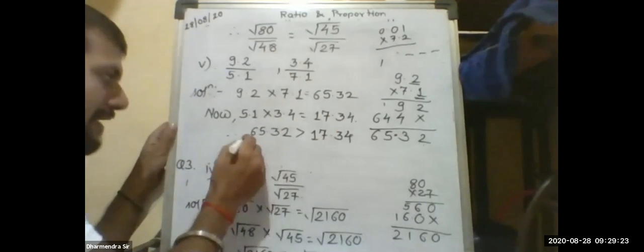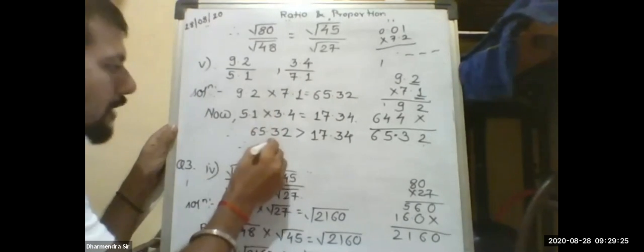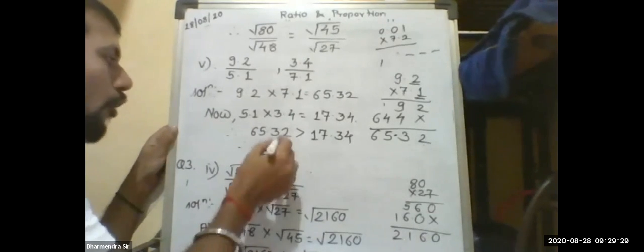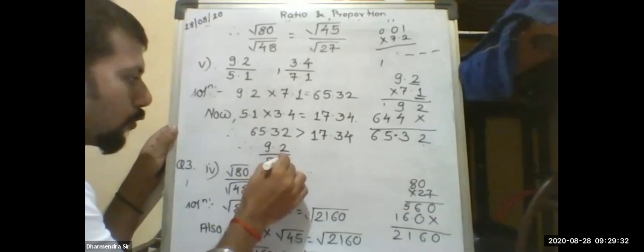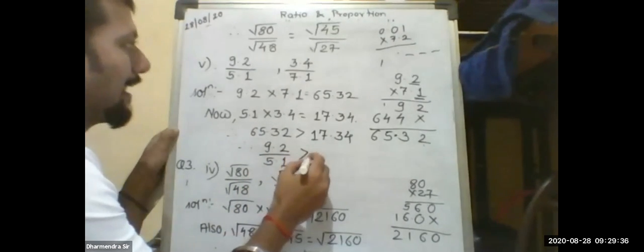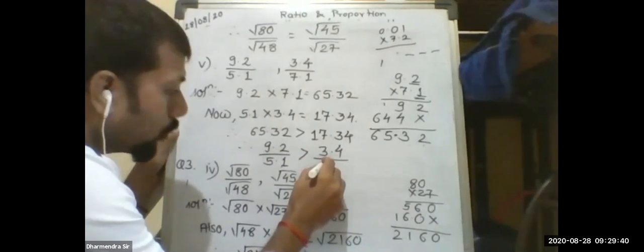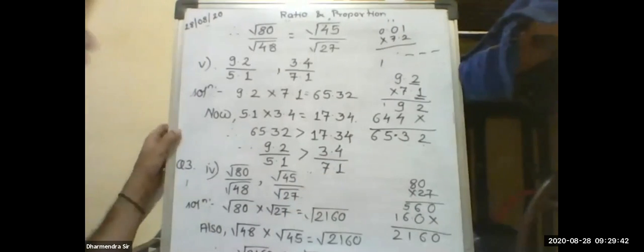So here we will be reading it as 65.32. So after comparison, we conclude that the ratio of 9.2 to 5.1 is greater than 3.4 to 7.1.